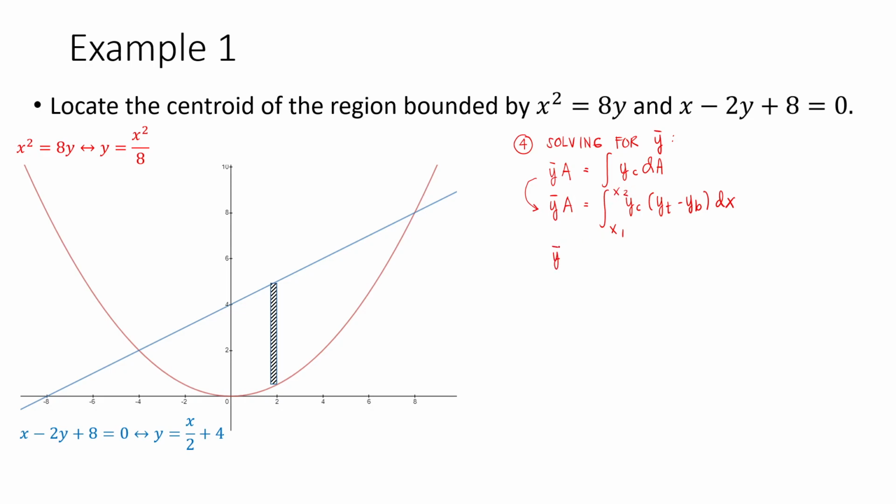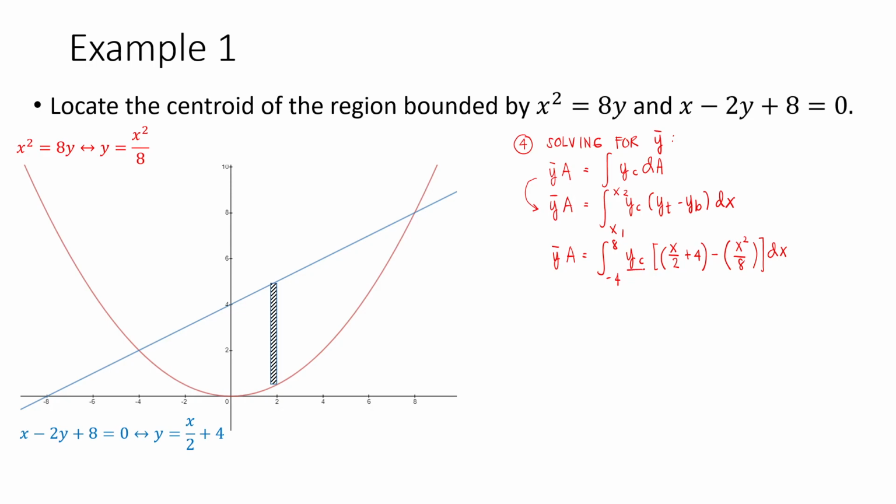So writing again the formula, we're going to have negative 4 to 8, then y sub c, and again our y top is x over 2 plus 4, then minus x squared over 8, then dx. Notice again that all are in terms of x on the right side.